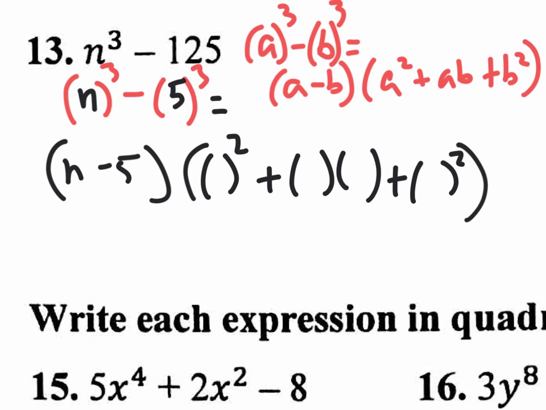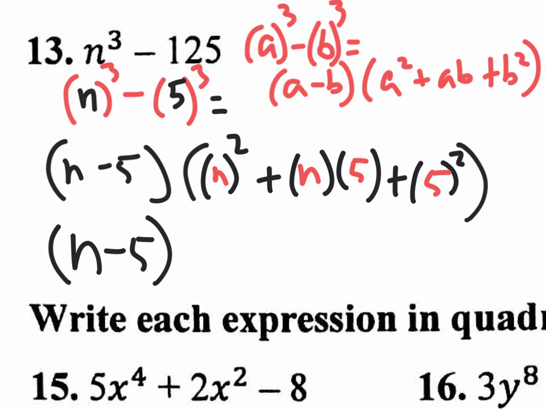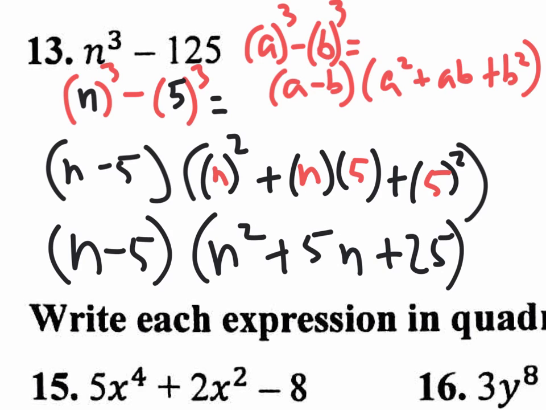And then plug in your a and your b value, which is n and 5. And then you just simplify it. N minus 5, n squared plus 5n plus 25. If you check the back of your worksheet, that's your answer for that one.